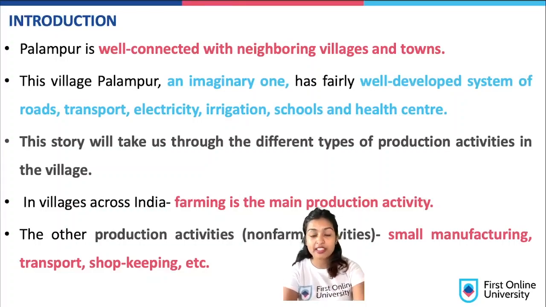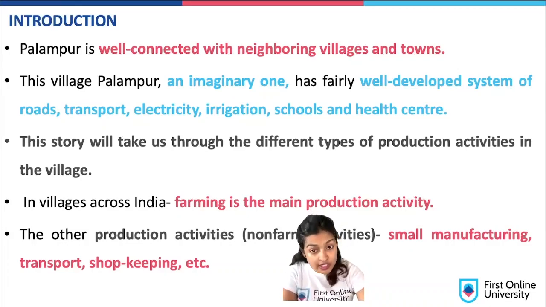The non-farming activities in this village are small manufacturing, transport, and shopkeeping. You are very familiar with shopkeeping, as on a daily basis you will be seeing or even visiting some shops for buying stationery or bakery products. So this is a non-farm activity.